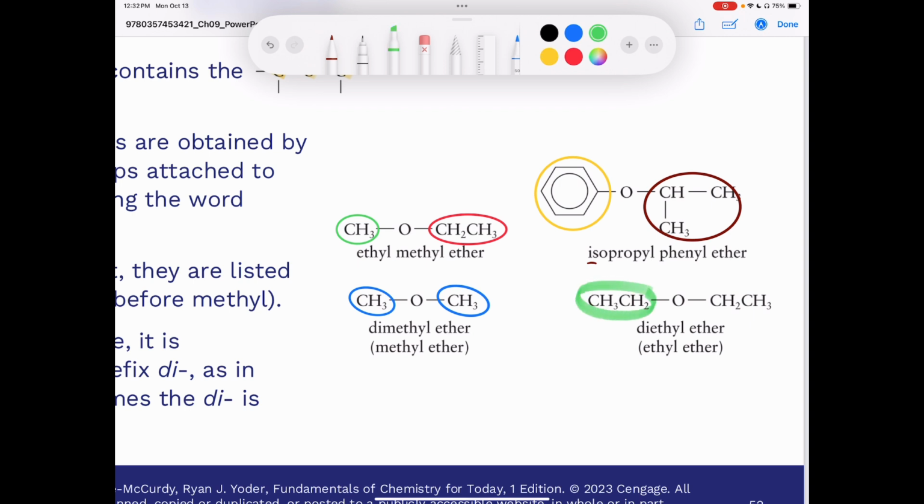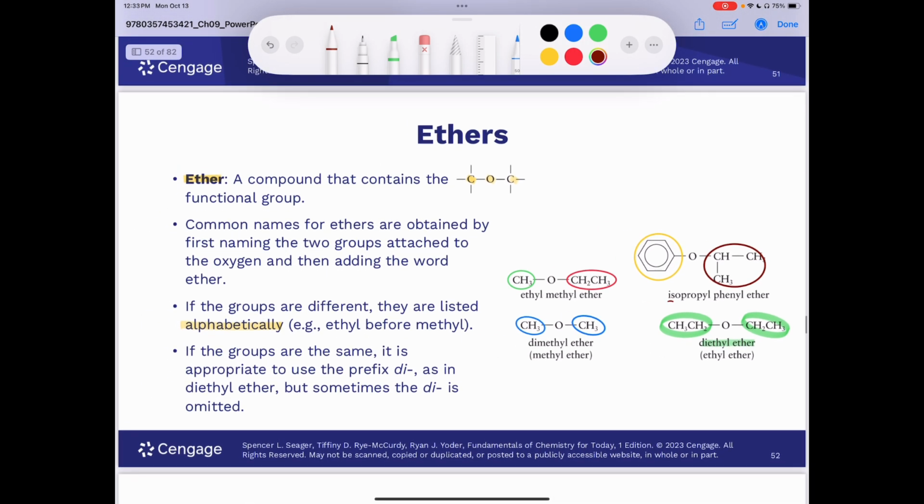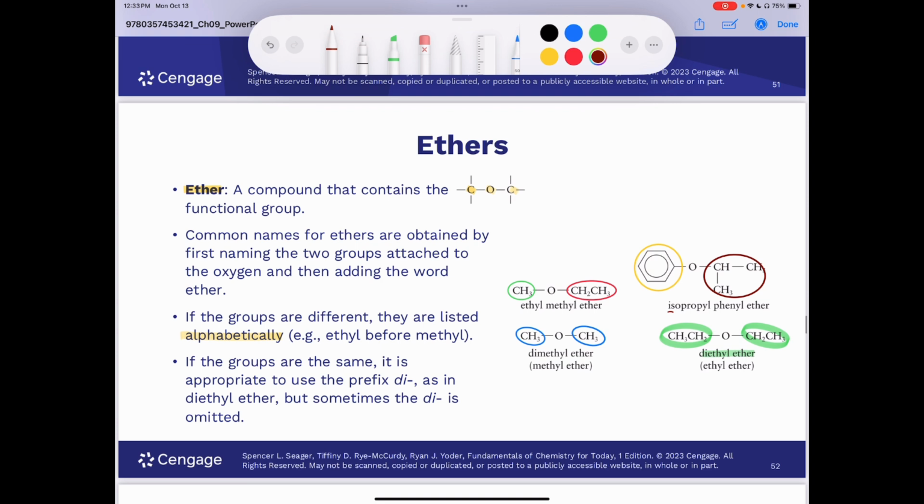You have an ethyl group here and another ethyl group here, and that is diethyl ether or ethyl ether. One of the reasons why diethyl ether is famous is because it was used as an anesthetic. It's not a very good one. It's highly flammable, and it causes severe vomiting, but it was used as an anesthetic at one point before better ethers were developed, usually ethers that have fluorines on them, which renders them non-flammable, and they're a lot better.